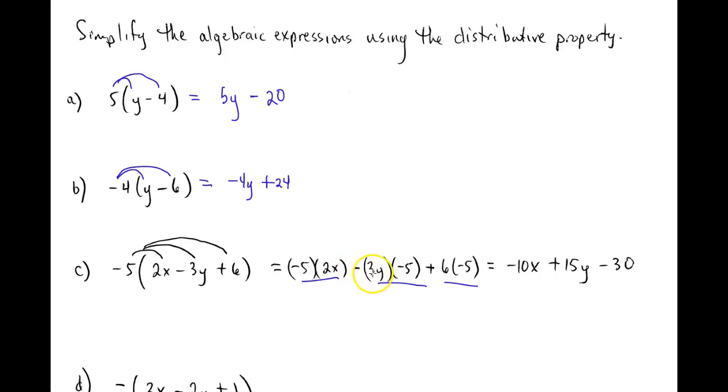A -3y times a -5 is a +15y. And we have a -5 times a +6 ends up being a -30. And so this is what our final answer ends up looking like. So let's move on to examples D through G.